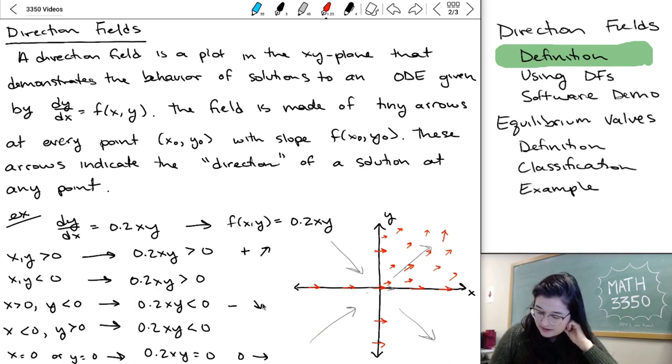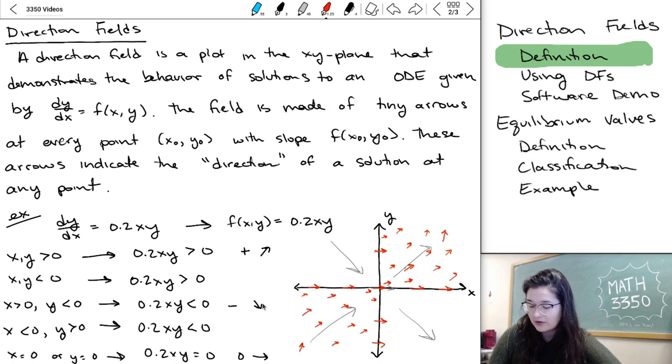The least steep ones will be closer, oh, that one's a little too steep, closer to the origin, and then the most steep ones are going to be really far away, and then they'll smoothly make that change. And if you were better at drawing than me, that would be true of every arrow. Just trust me that that's the shape they're supposed to have.